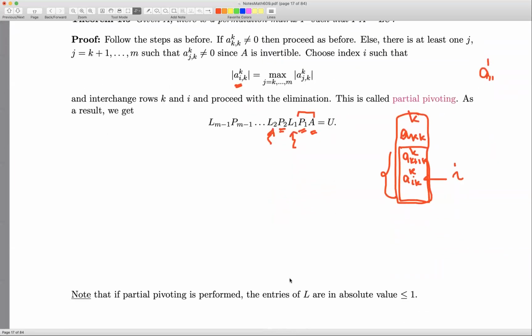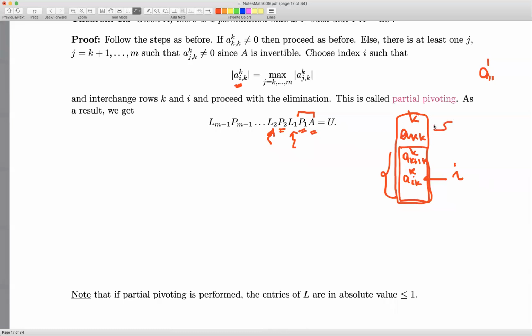Note also that if partial pivoting is performed, the entries of the matrix L in absolute value will be less than or equal to 1. Why? Because let's assume that this is part of the kth column after partial pivoting.